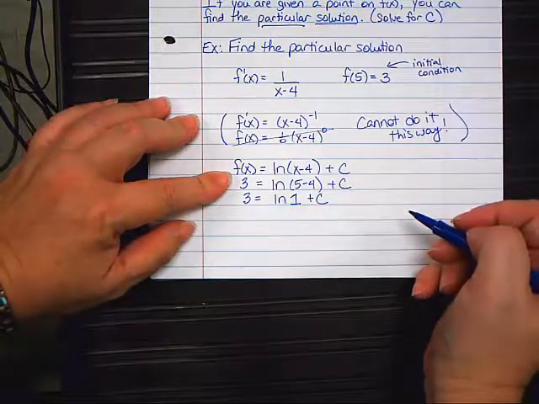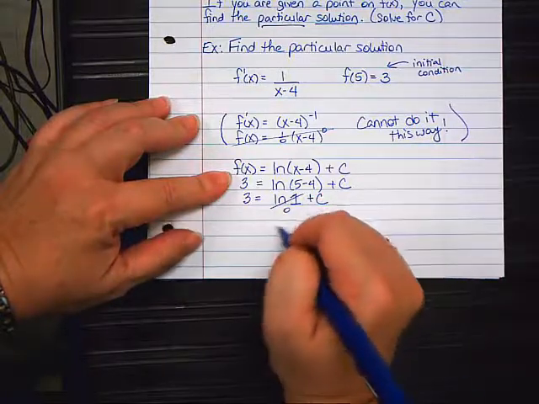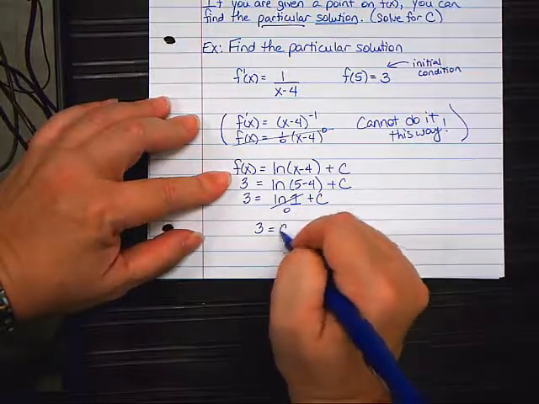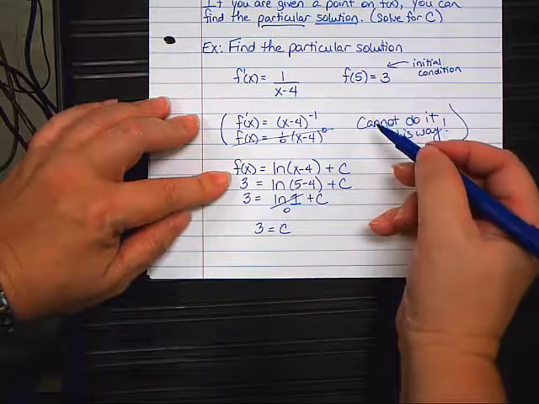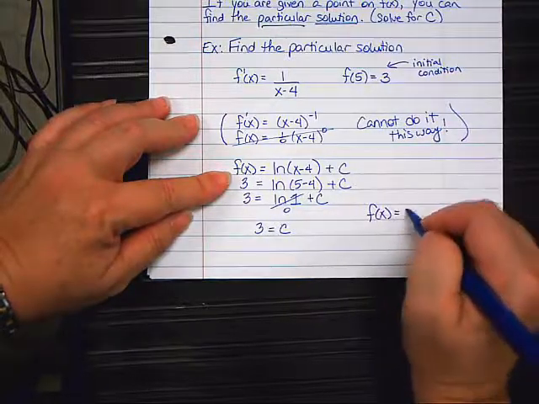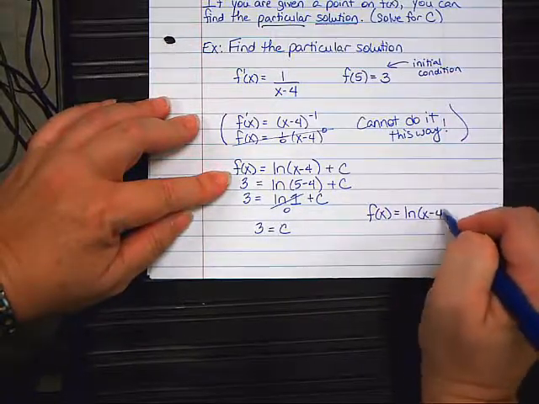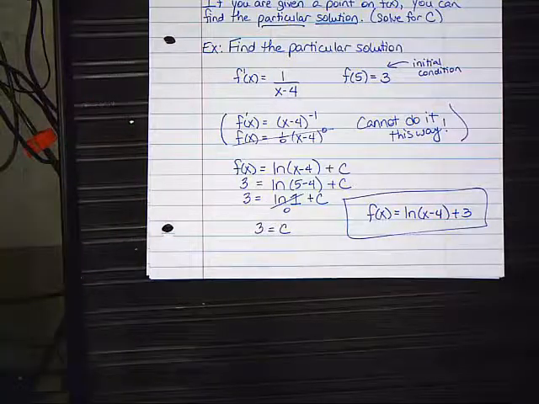And what is the natural log of 1? 0. So 3 equals c. So you just found c. Every time you're given an ordered pair, that will help you find c. So your final answer is f of x equals the natural log of x minus 4 plus 3. That's what I'm looking for. That is the particular solution.